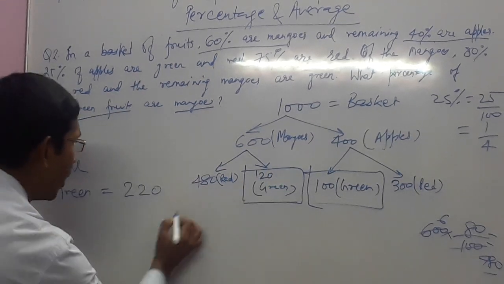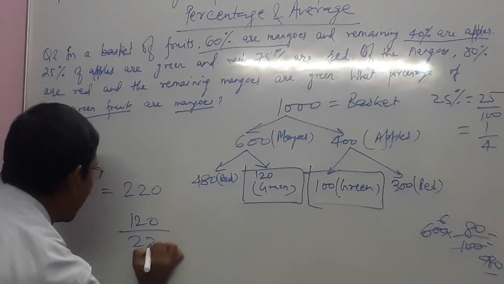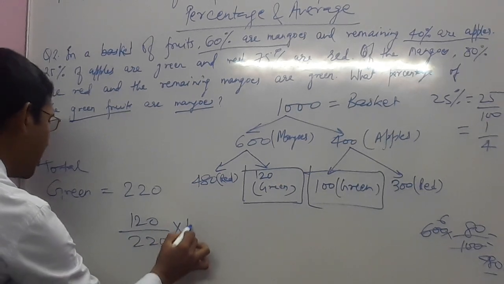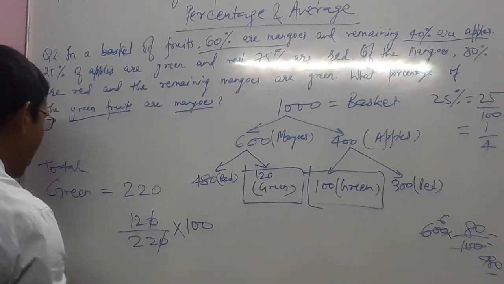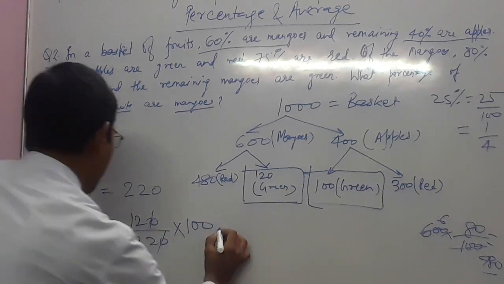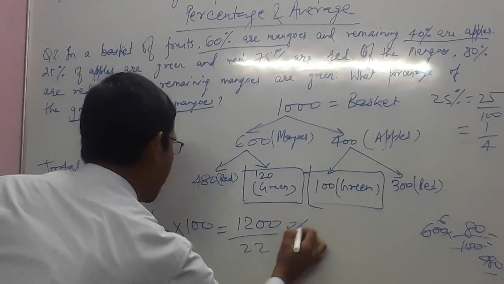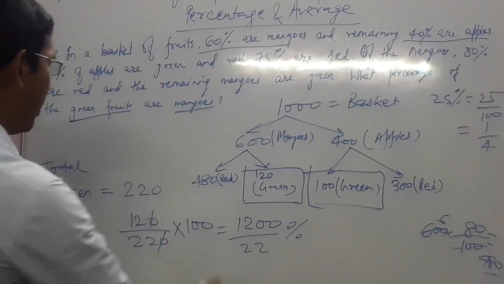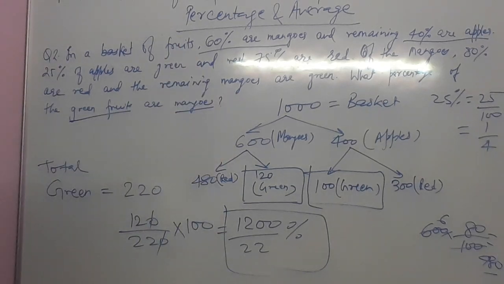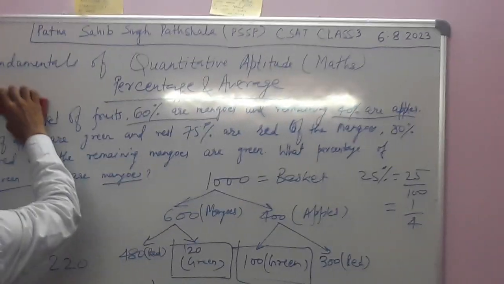It means 120 mangoes are green out of 220 green fruits. So the percentage will be 1200 divided by 22. You can calculate, this will be the correct answer. This is the way to approach the question. Next question.